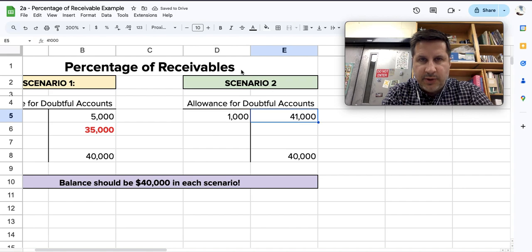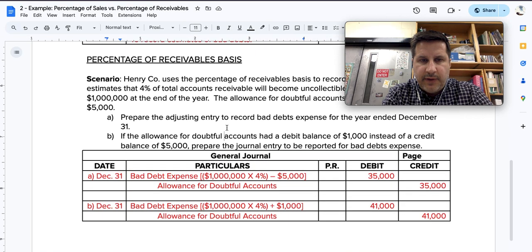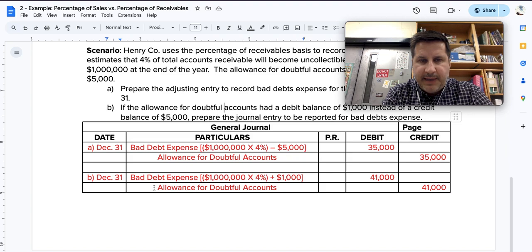And again, scenario 1 and scenario 2 are independent of each other. So we don't care what happened in scenario 1 because this is an entirely different scenario. So in order to get our balance of $40,000, which is what we want it to be, we need to do a credit entry for $41,000. And then your entry will be bad debt expense, allowance for doubtful accounts, $41,000 in each case.